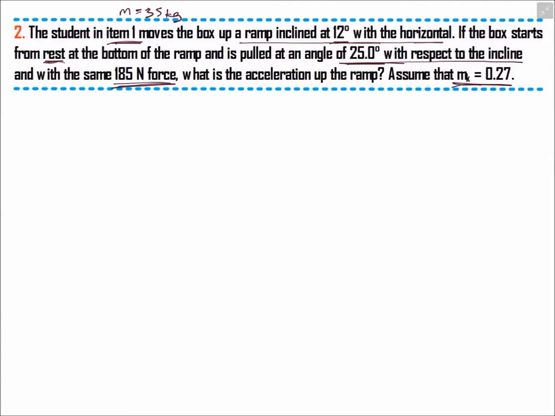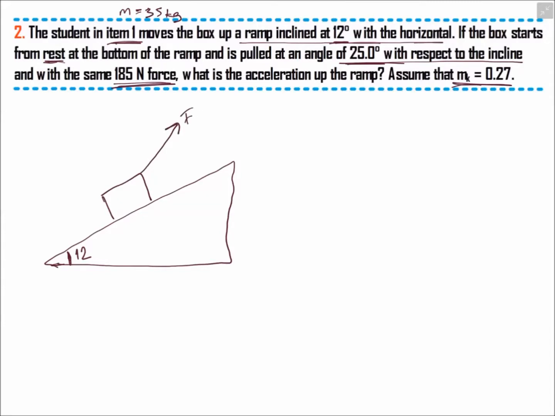0.27. This question is not on the horizontal line, it's on an inclined plane. If we draw our object, the inclined plane angle is 12 degrees and the force acts like this with 185 Newton, at an angle of 25 degrees. The system is moving in this direction of motion.